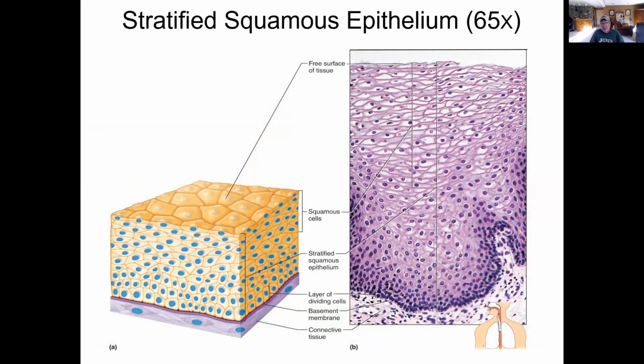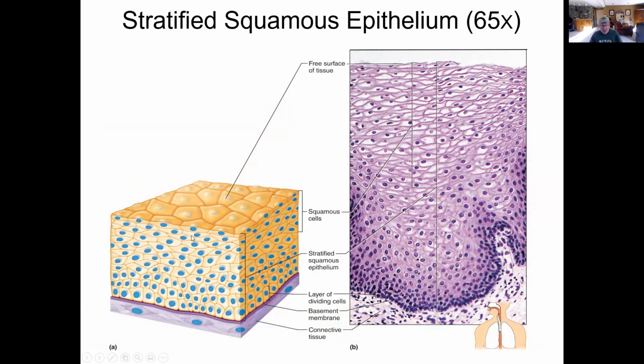Okay, moving from simple to pseudostratified now to stratified epithelia, layered cells. We come across stratified squamous. And again, I think it's pretty self-explanatory as to the stratification. You can see that there are at least 2, 4, 6, 8, or 10 different layers of flattened squamous-shaped cells here.